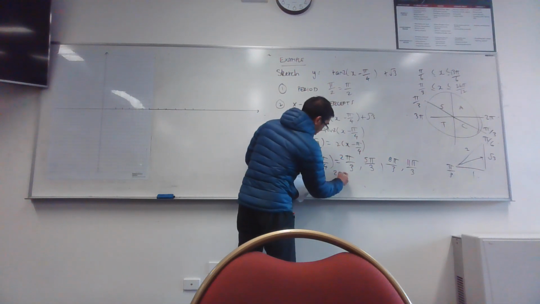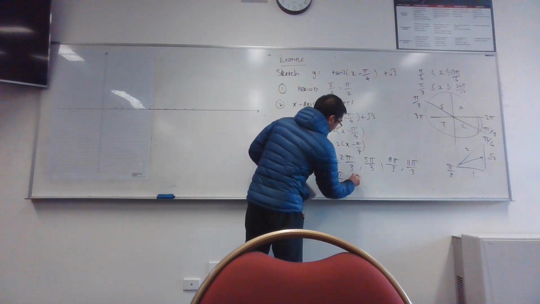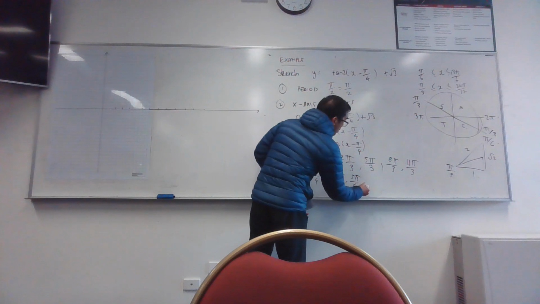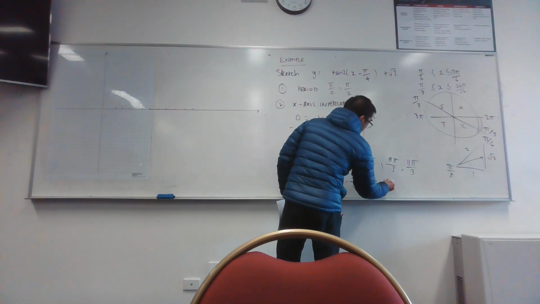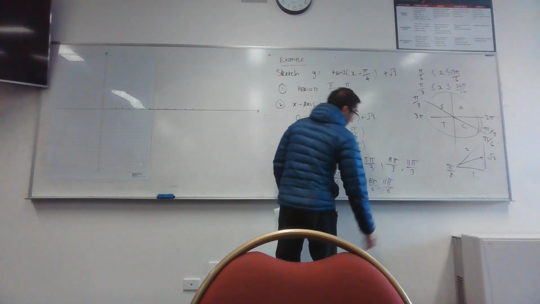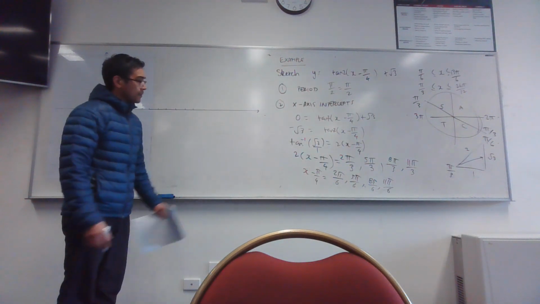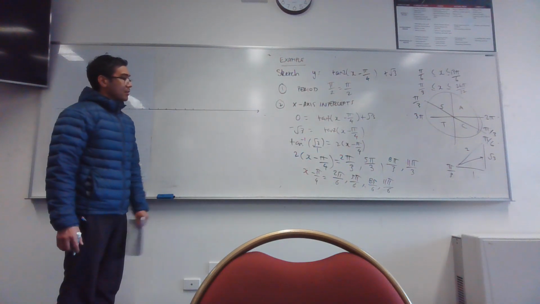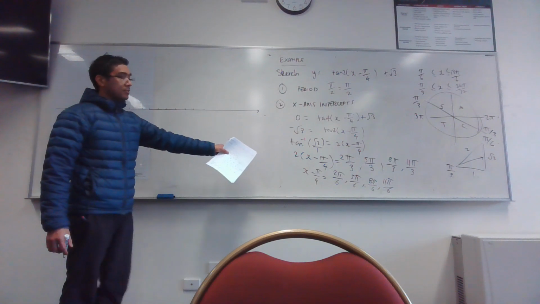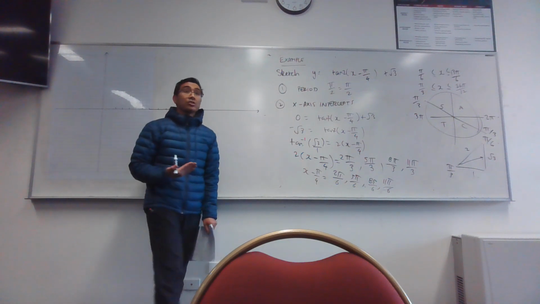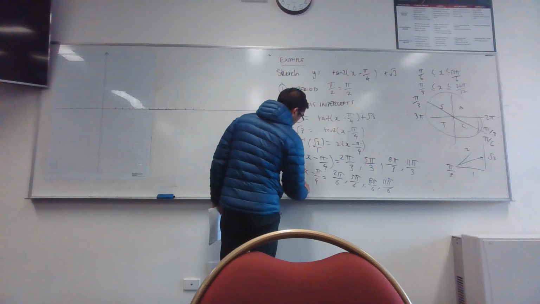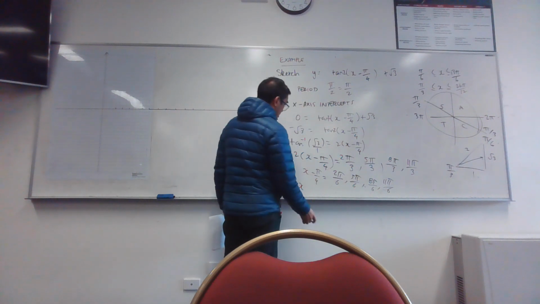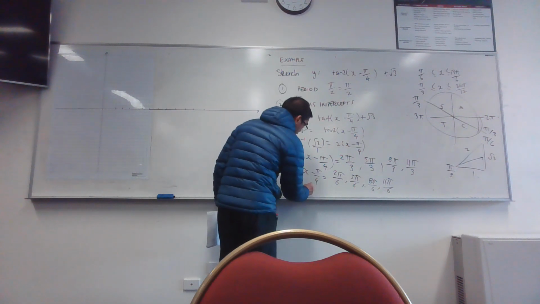Okay, so this is 2 pi on 6, 5 pi on 6, 8 pi on 6, and 11 pi on 6. Then, to get x by itself, what's the last thing that we need to undo, Tim? Minus pi on 4. On the other side it becomes? Plus pi on 4.